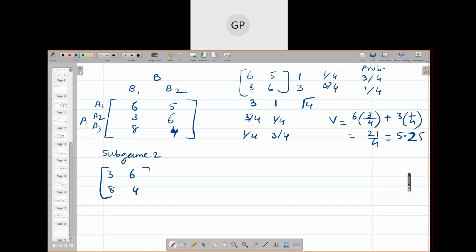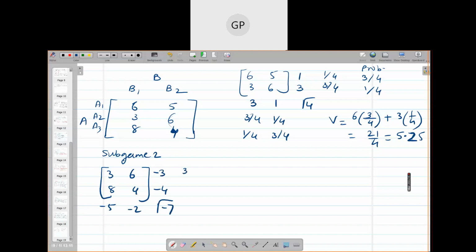3, 6, 8, 4. Those strategies and all those parts you have to write every time. Okay, I'm just quickly wrapping it as we are at the end of the lecture. So this is -3, this is -4, -5, -2, and the total is -7.